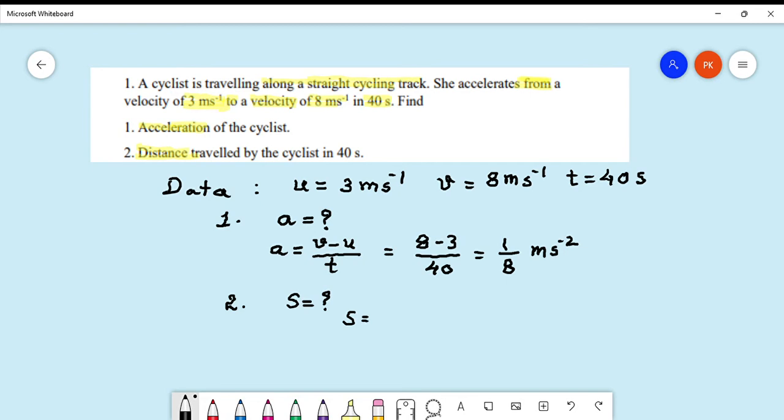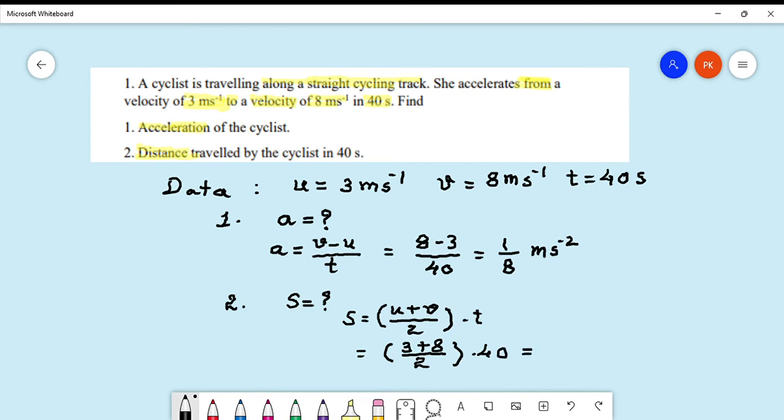S is equal to U plus V divided by 2, into T, that is 3 plus 8 divided by 2, into 40.